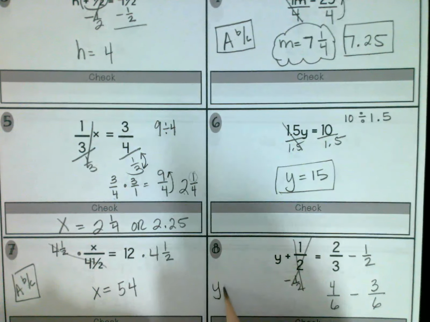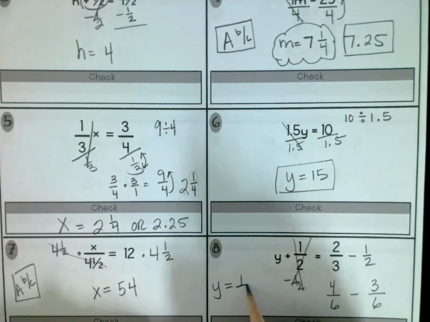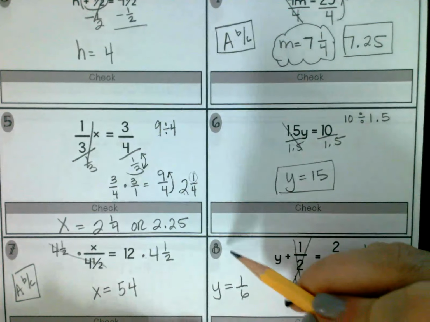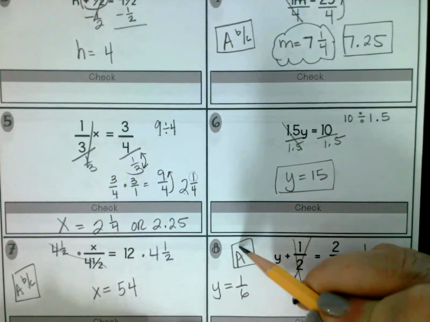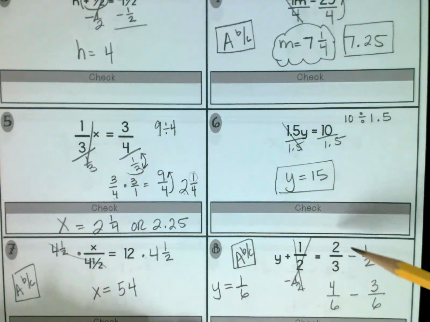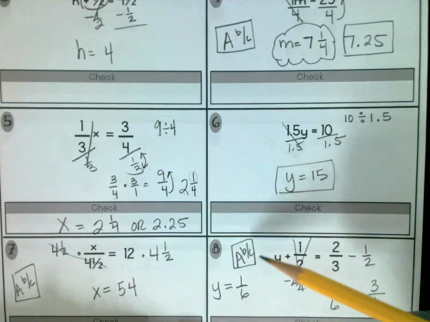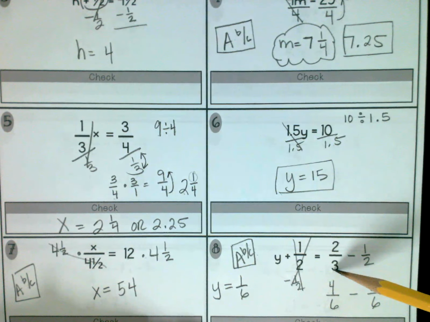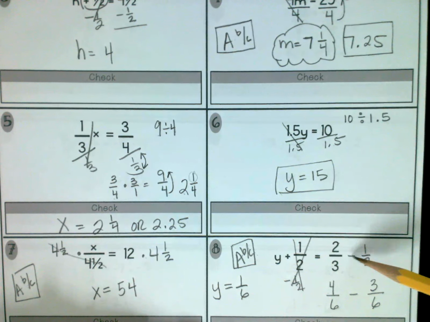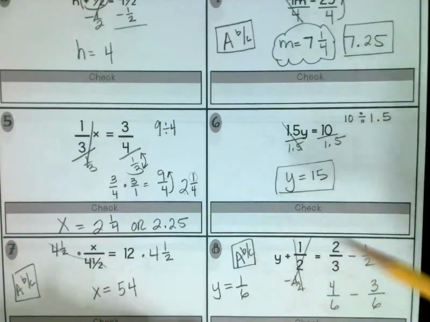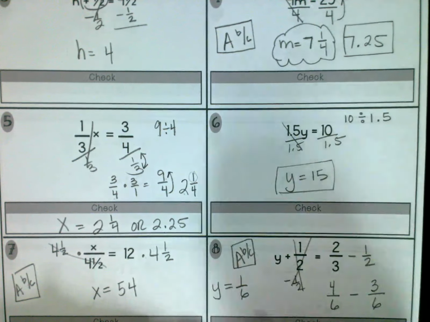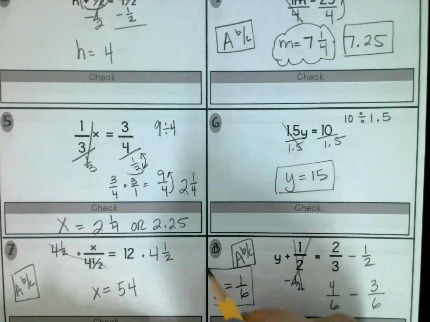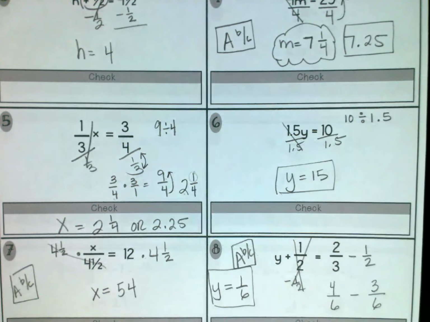I would end at y equals 1/6. Again, on our calculators, we could use the ABC key. I would enter 2 ABC 3, that gets me 2/3, minus 1 ABC 2, hit equal, and your calculator should tell you 1/6.